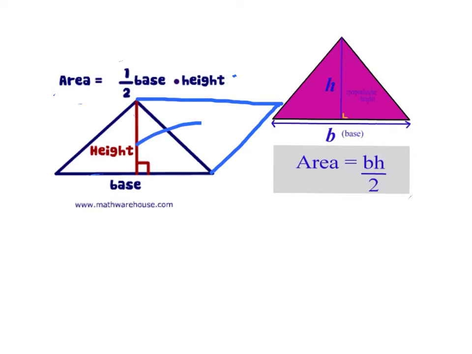See, I just took a copy of this, put it over there. Same here. If I take this triangle, make a copy of it, put the edge against this edge, I have a parallelogram. All right, so now let's do some calculations.